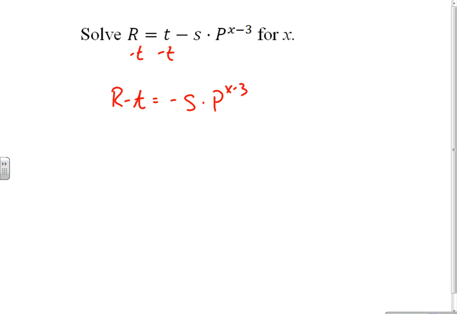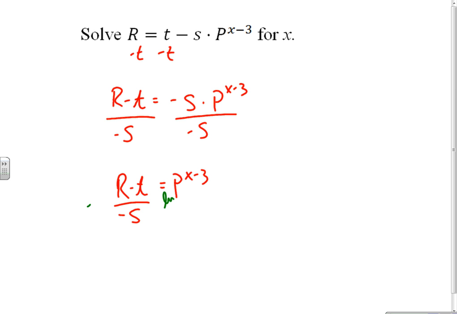And then you can divide through by this opposite s, which will be nice. And then you can take the log of both sides. And again, if you use log instead of natural log, that's fine. I will not think any less of you.